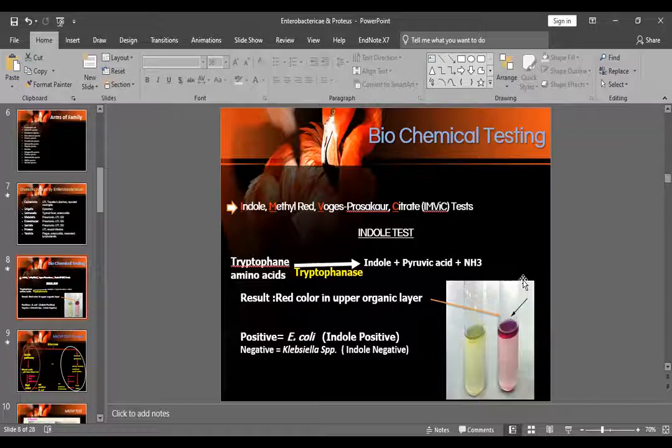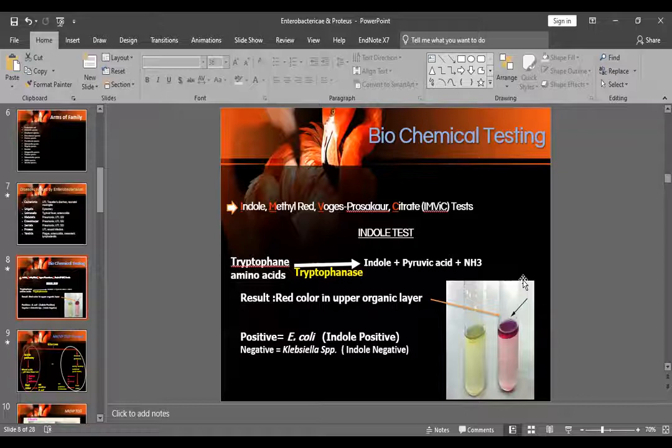When they break down tryptophan, indole and pyruvic acid form. So after the breakdown, we can easily identify indole production by the bacteria.